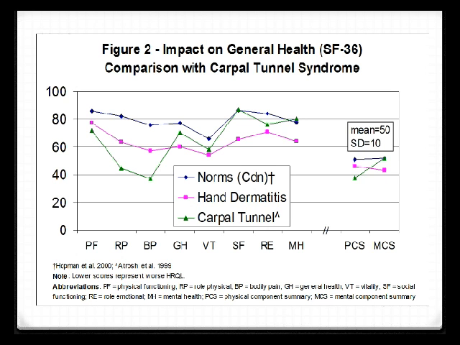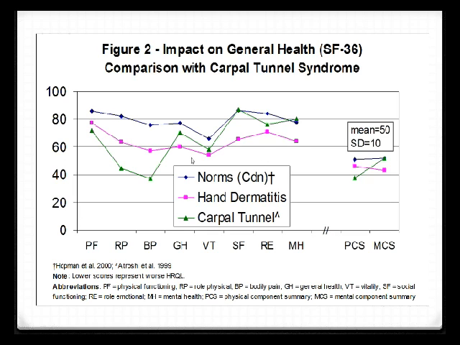When we looked at the SF-36, which is a general health questionnaire, and compared the Canadian norms to carpal tunnel and to our population, what we found very strongly was, yes, they had physical compromise from the normal population.